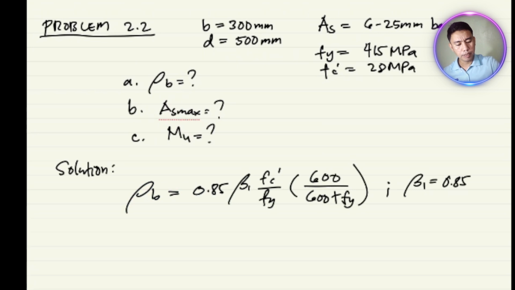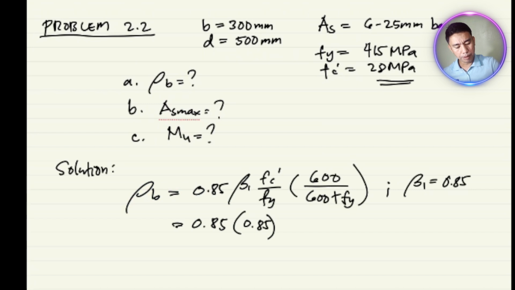Kasi nga, any Fc prime less than 28 megapascal, our beta 1 is 0.85. So I'll put the value here, 0.85 times beta 1 of 0.85.